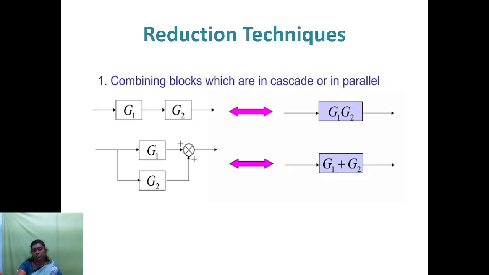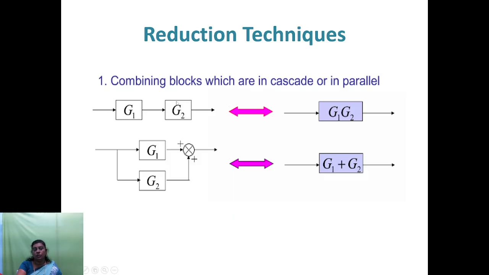This is the first rule, that is combining blocks which are in cascade or in parallel. This rule gives information on how we can reduce the blocks which are arranged in series or in parallel. If you take the first diagram here, there are two blocks which have the gain factor of G1 and G2, and these two blocks are arranged in series.